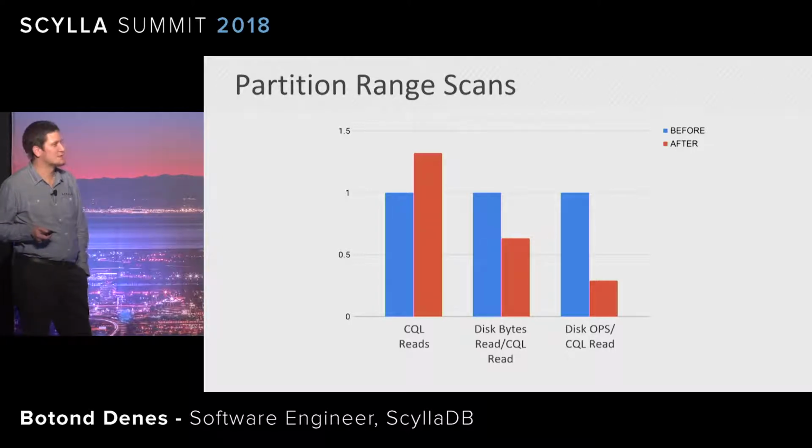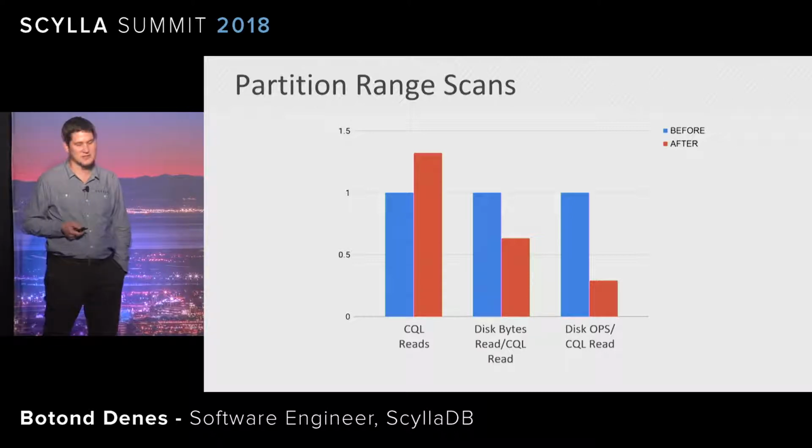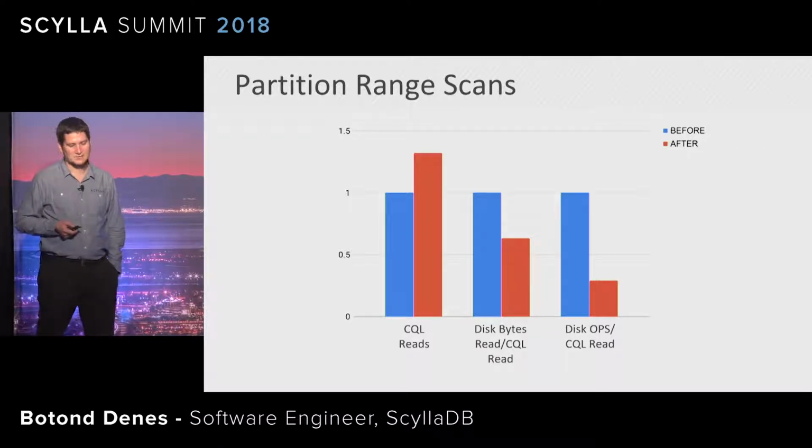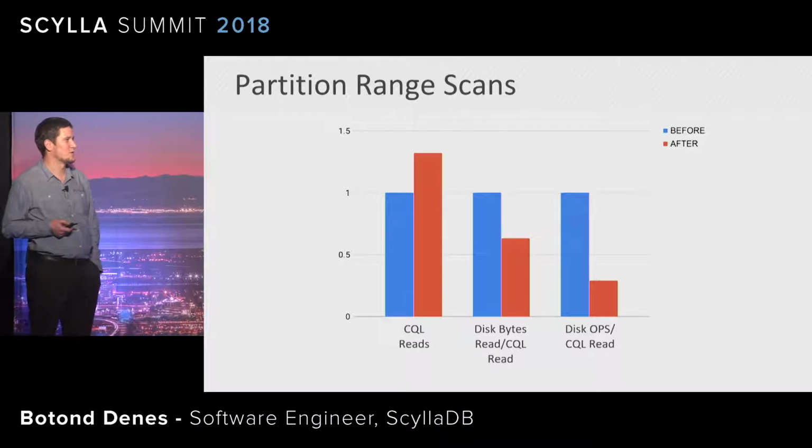So you can see that the improvement is not quite as nice as for single partition scans. The reason for that is that range scans are a lot more complicated than single partition scans. They have a lot higher CPU cost, and disk is a smaller factor in their performance.